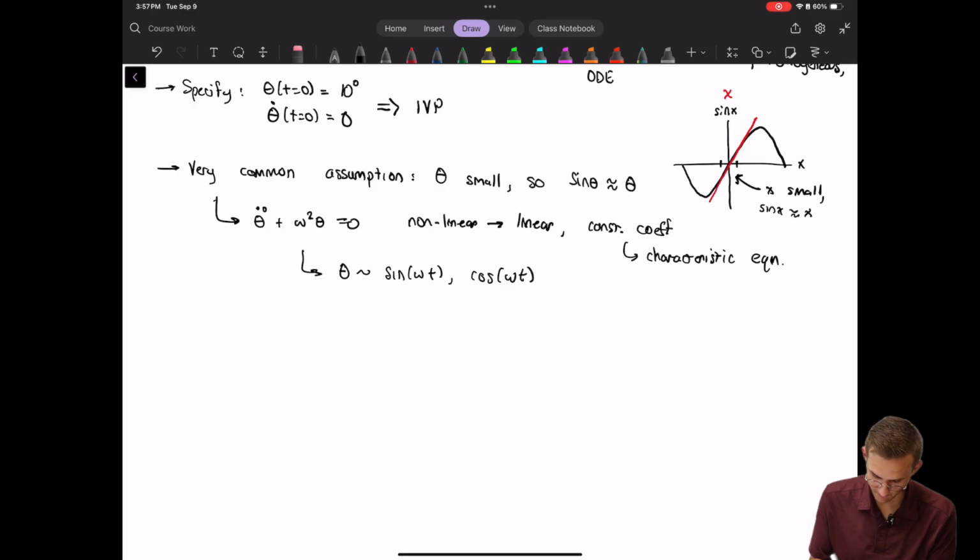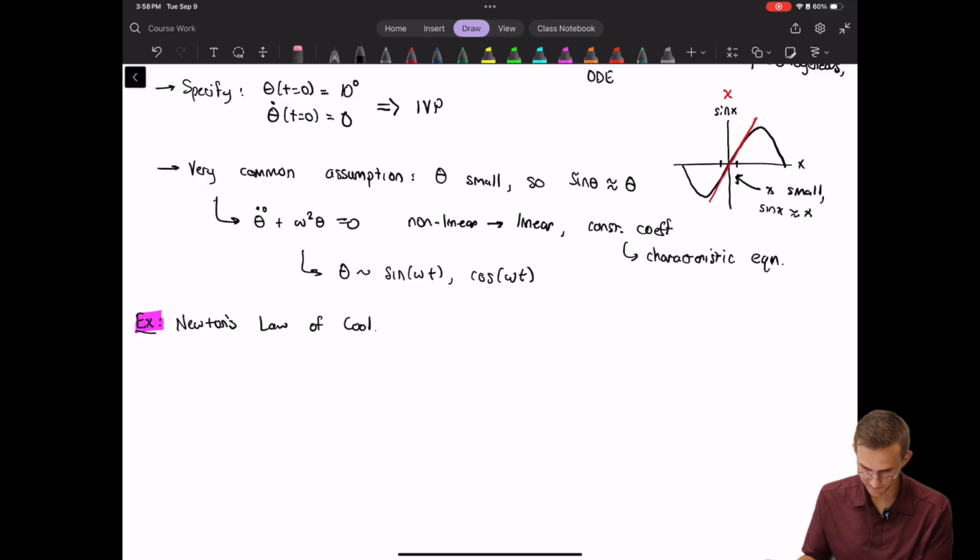So let's go ahead and move on to our second example, which is another example with one of Newton's laws, Newton's law of cooling, which itself was published anonymously.